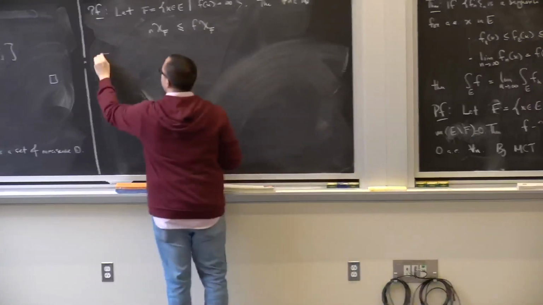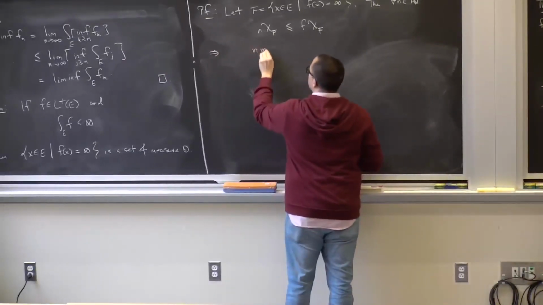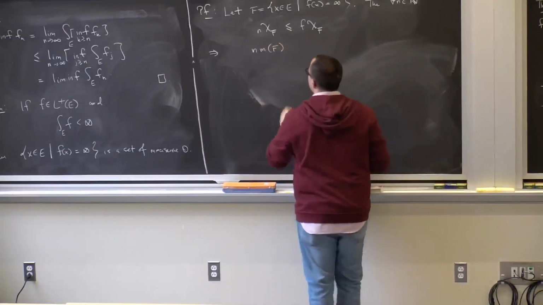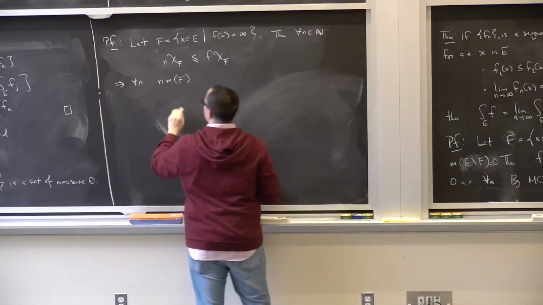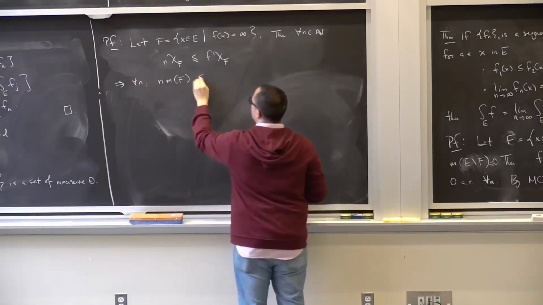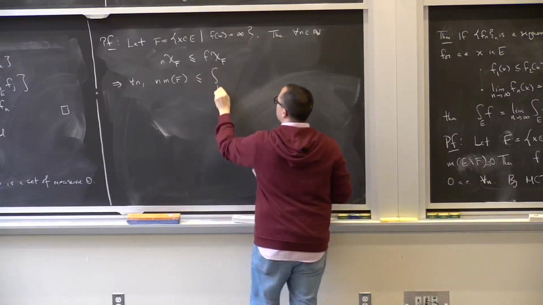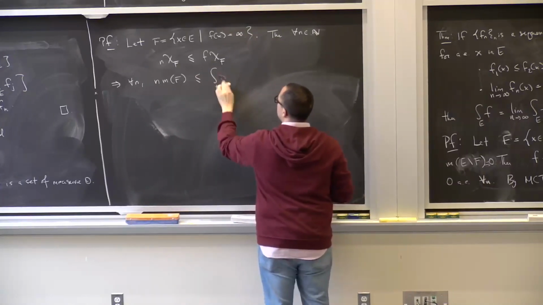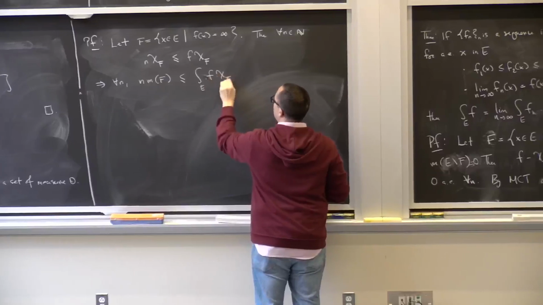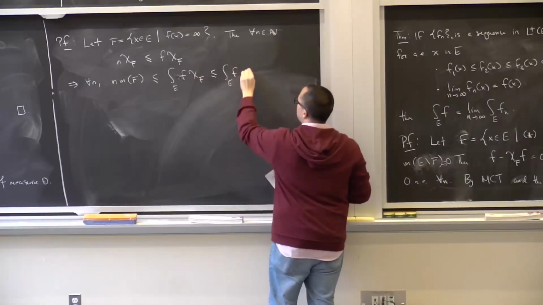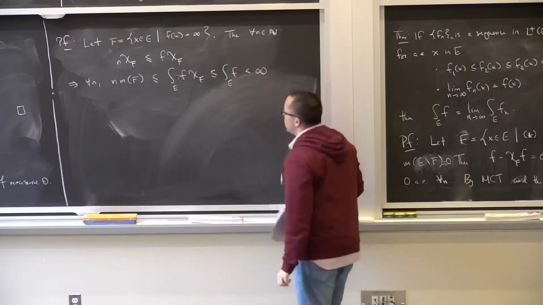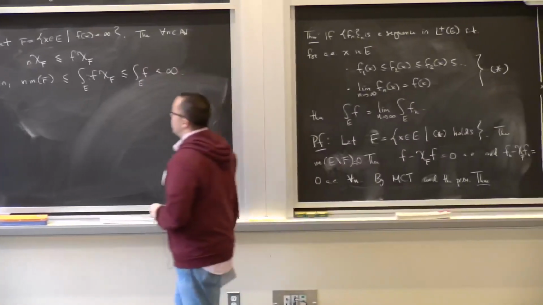And therefore, for all n, n times the measure of F is less than or equal to the integral over E of f chi F, which is less than or equal to the integral over E of f, which is finite, right? That's a fixed number.